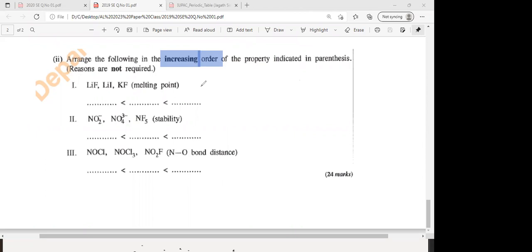So what is the theory behind this? Remember, the melting point depends on, here the cation and anion both matter. So when it comes to KF, KF has the highest one. Why?